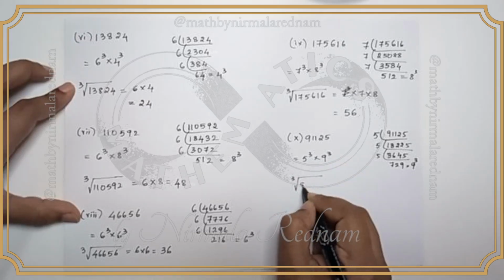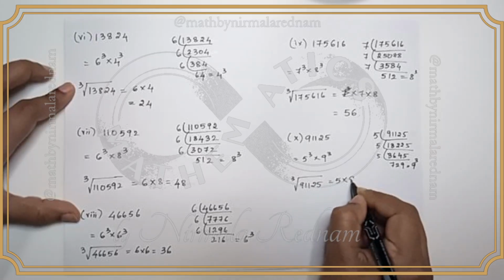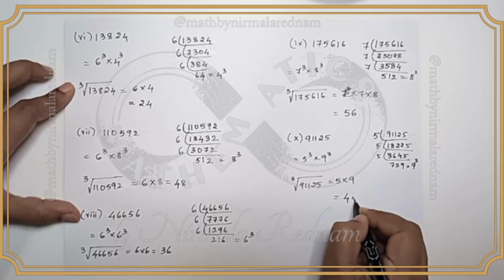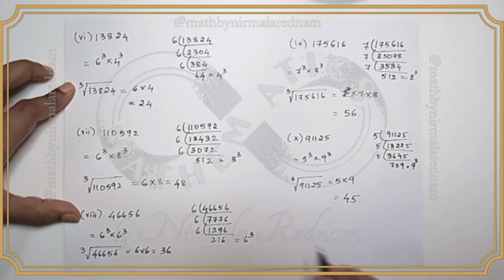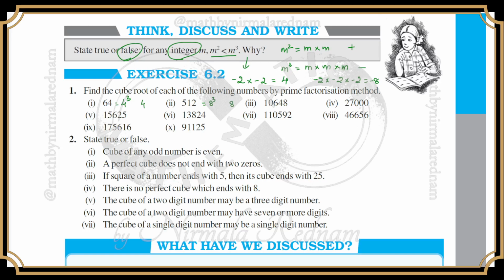Therefore the cube root of 91125 is nothing but 5 into 9, which is 45. Okay, so this is about your first question.